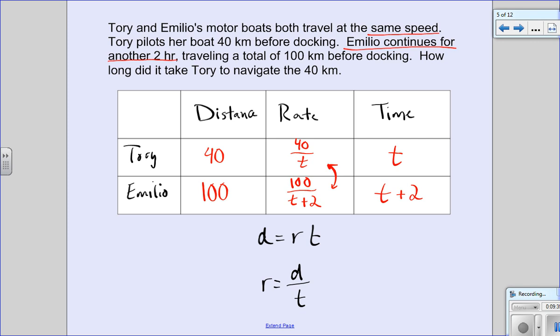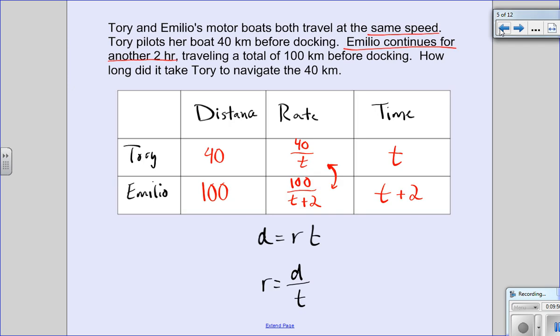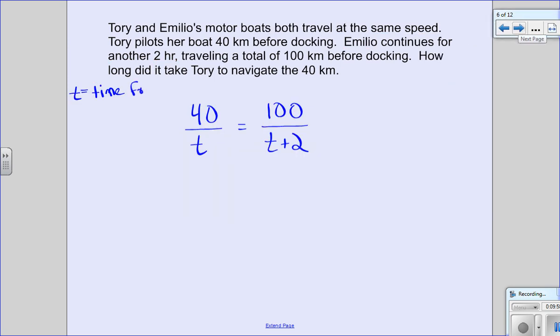So, now 40 over t equals 100 over t plus 2. T represents the time, and specifically, t represents the time for Tori.